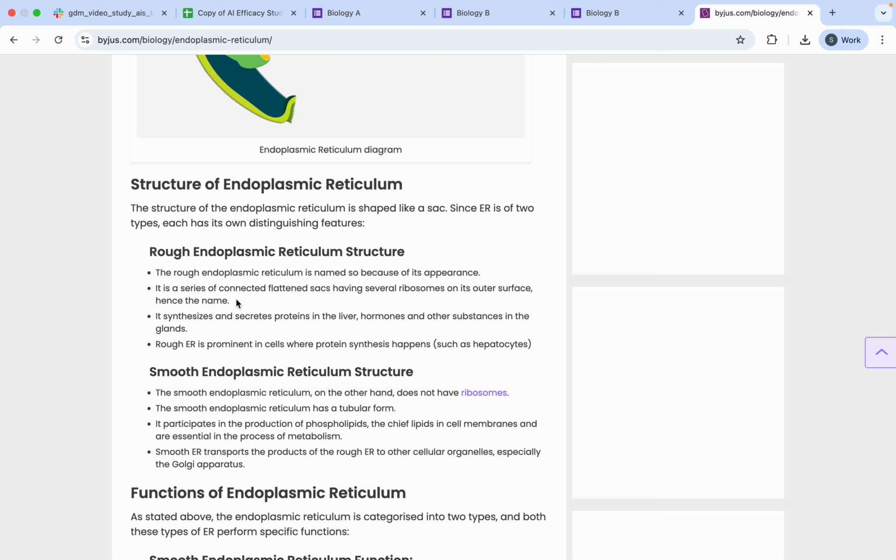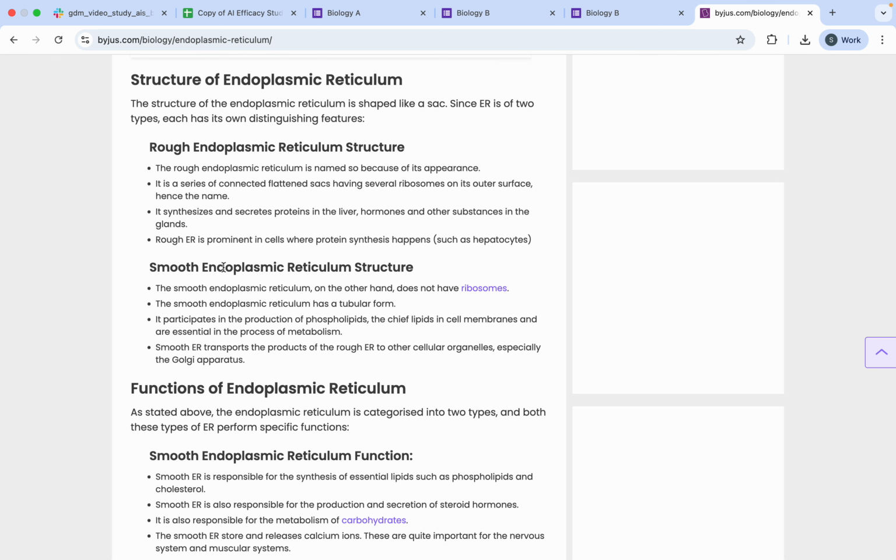It is a series of connected flattened sacs having several ribosomes on its outer surface, hence the name. It synthesizes and secretes protein in the liver, hormones and other substances in the glands. Rough endoplasmic reticulum is prominent in cells where protein synthesis happens.